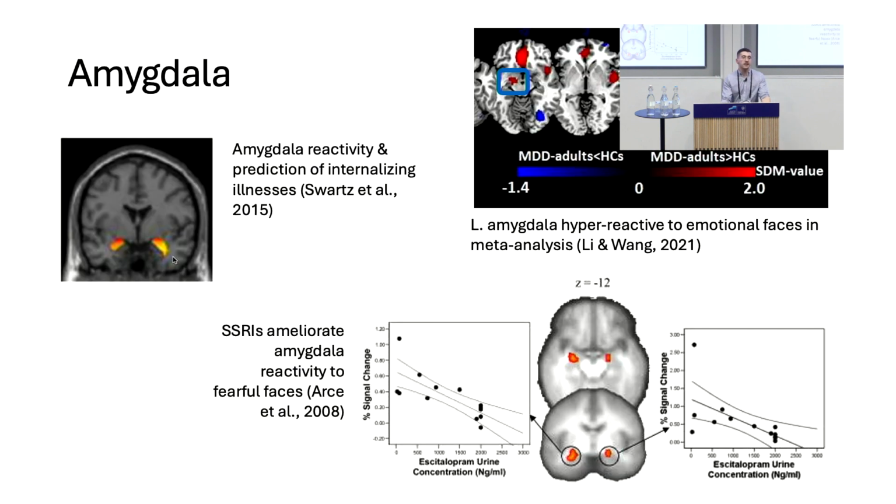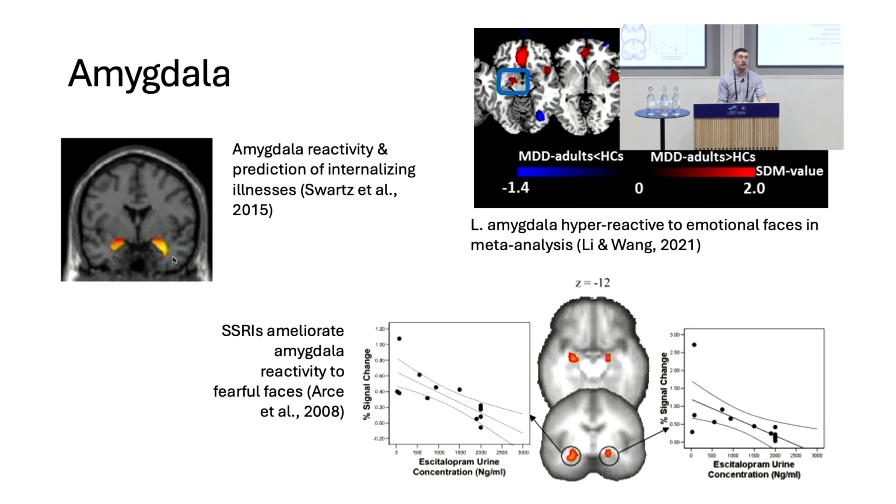Briefly touching on the amygdala and its role in depression, it's been rather extensively, as I'm sure you know, implicated in depression and anxiety disorders. The amygdala is an almond-shaped nucleus that sits just in front of the hippocampus. Broadly, amygdala hyperactivity, particularly left amygdala hyperactivity, is thought to increase the risk of developing depression and other internalizing illnesses such as anxiety.